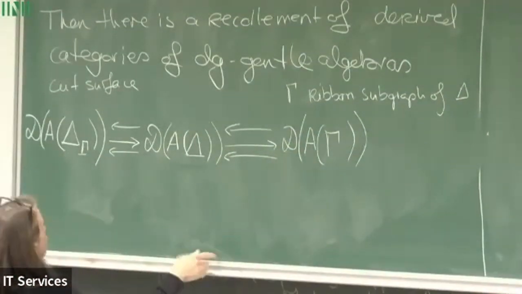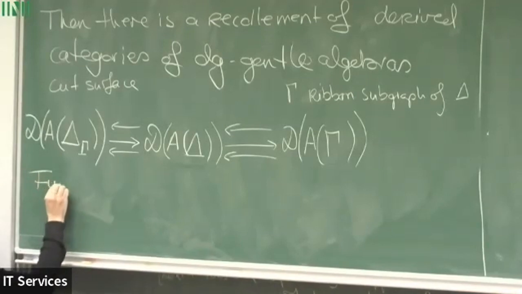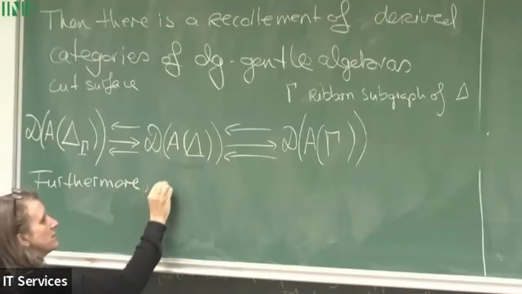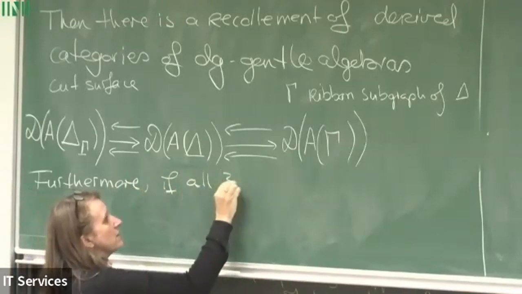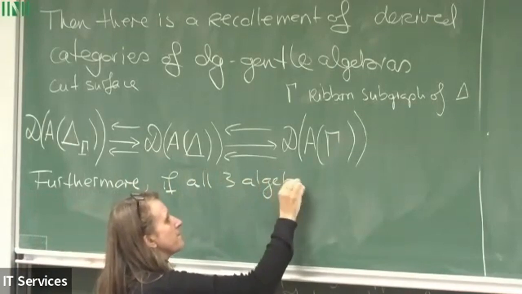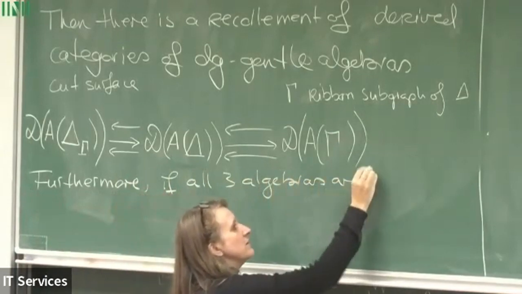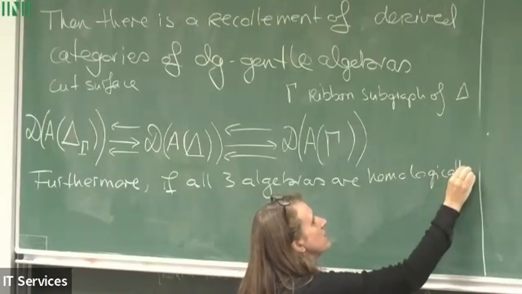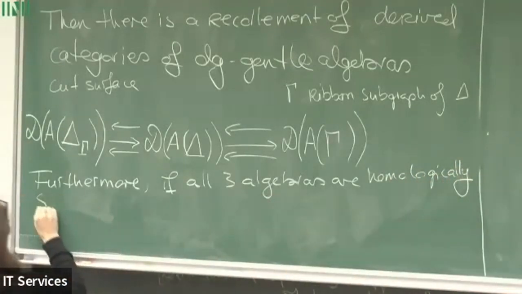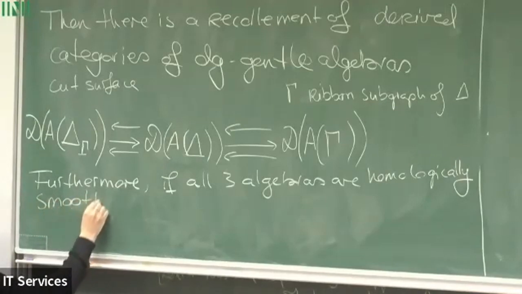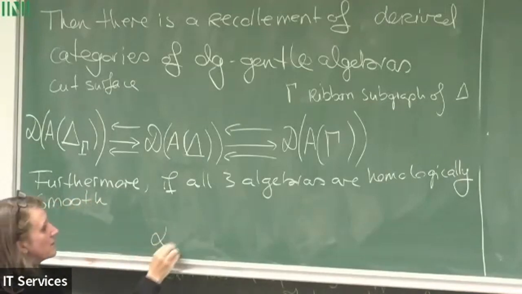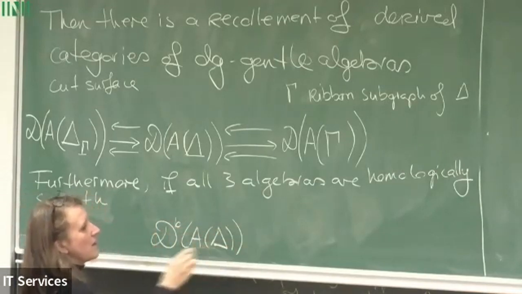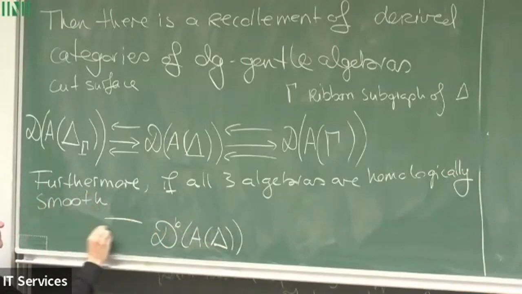Furthermore, if all three algebras happen to be homologically smooth, then we get a corresponding recollement of the bounded derived categories.